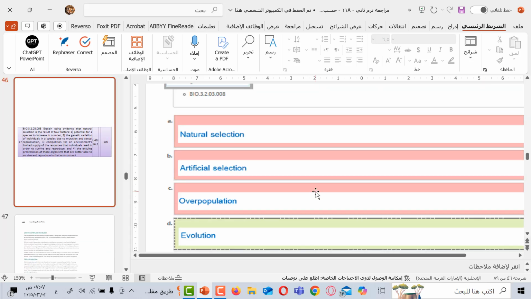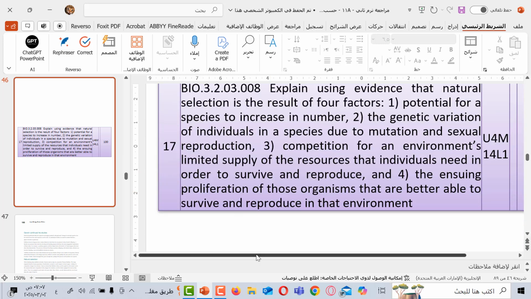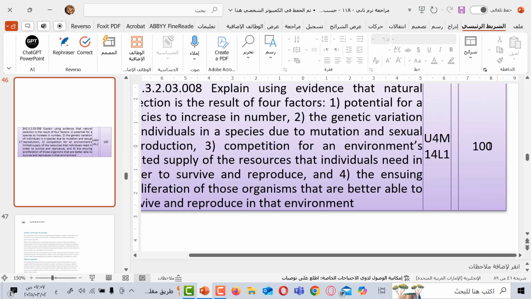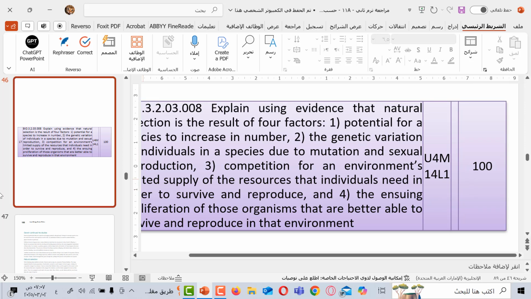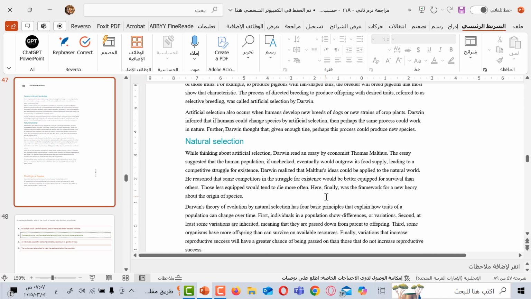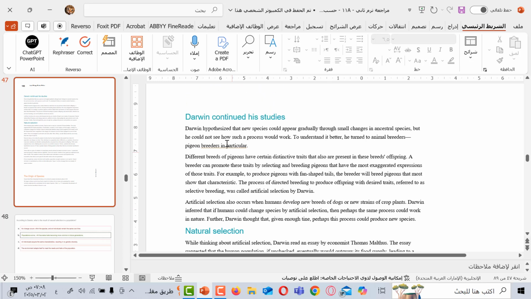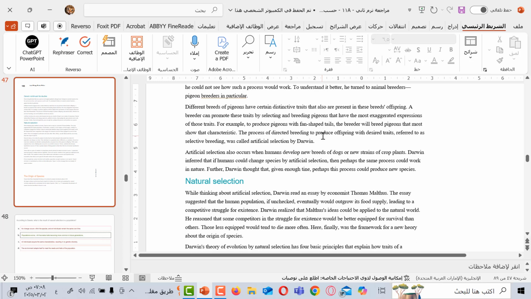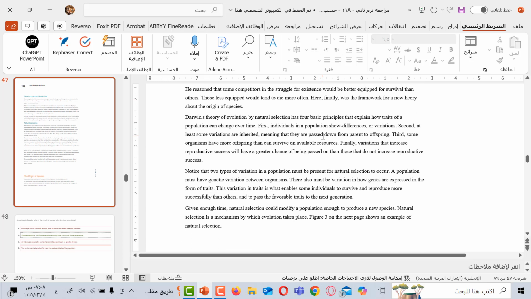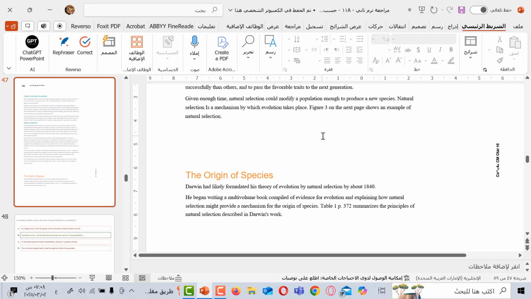As you see here, this is 17 and number 10 for all the page. On page number 100, we will see what? From knowledge, natural selection, and Darwin continued his studies. Okay, natural selection, the origin of species.